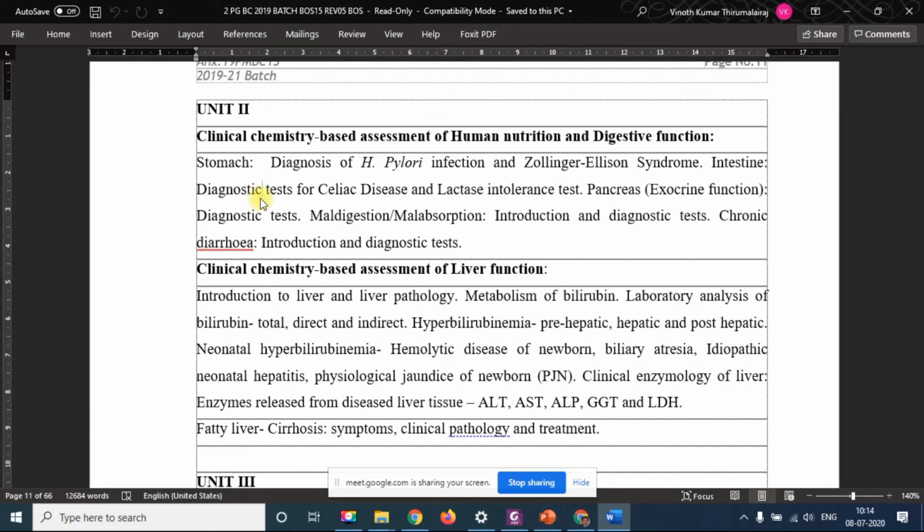This is very important, because this concept of studying clinical biochemistry or clinical chemistry is organ wise, or organ function wise. You can study the digestive function, the liver function, everything with the same component, that means the digestive system. Any abnormality in the digestive system can be studied using this technique, and this covers all the human nutrition and digestive function and also liver function.